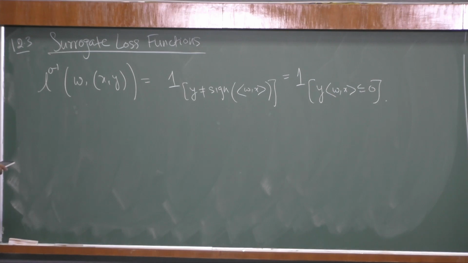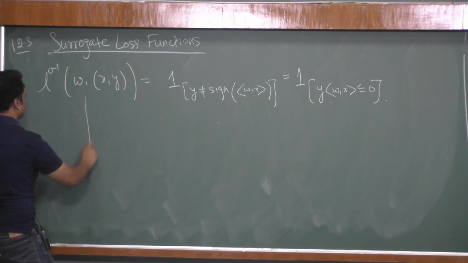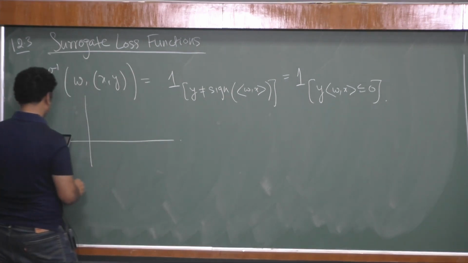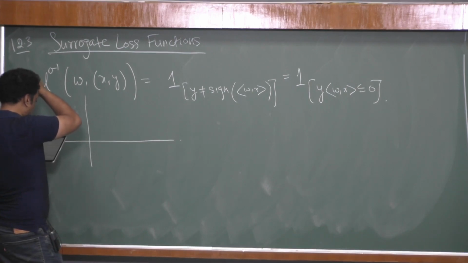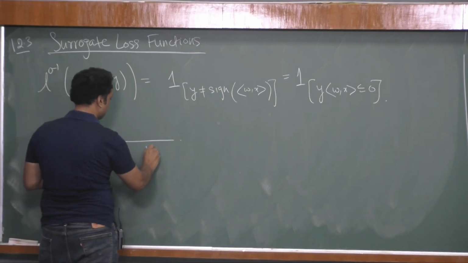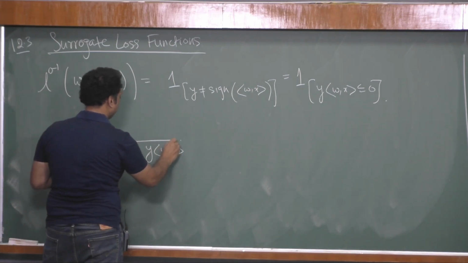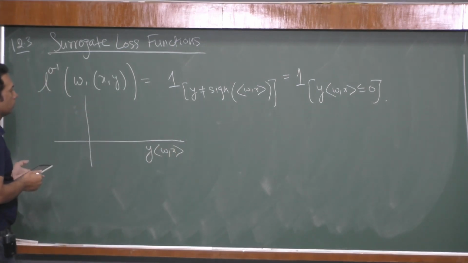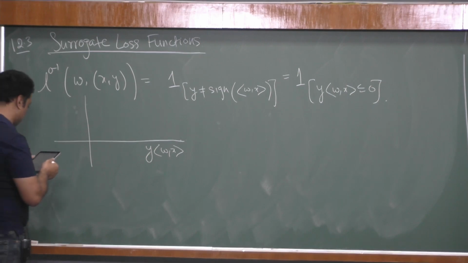And now we want a surrogate of this. If I have to draw this, because the surrogate is easier to see when we draw it, on the x-axis we have y Wx. So if y Wx is greater than 0, then it will be 0, and otherwise it's 1, right?